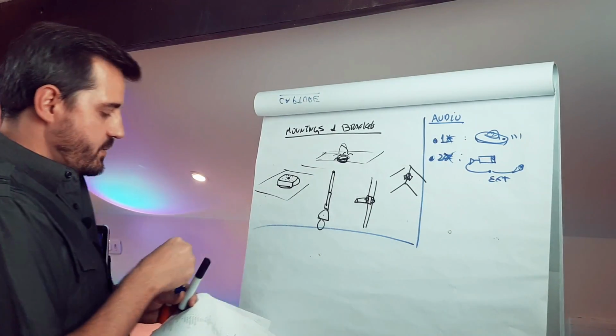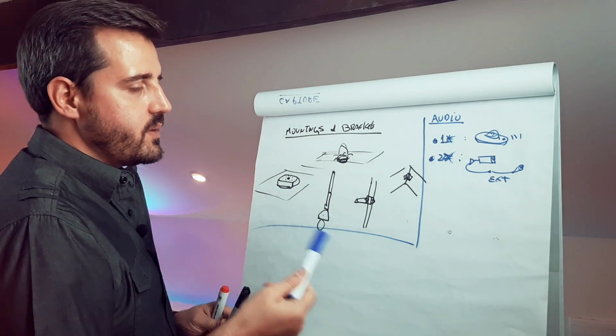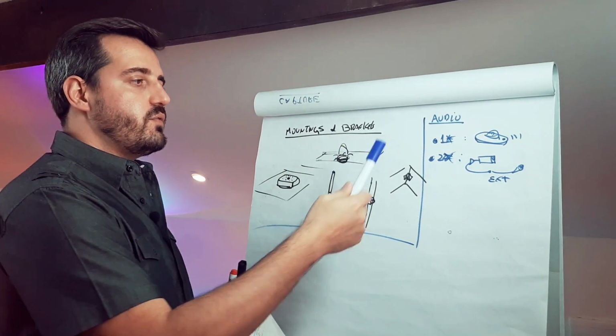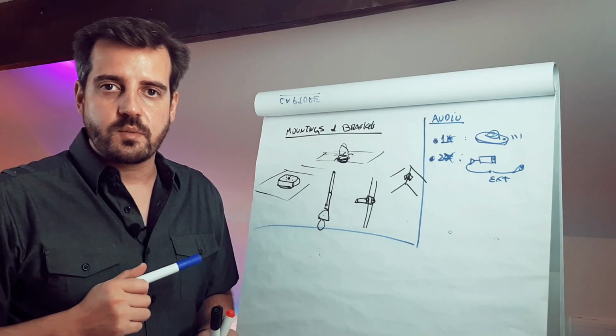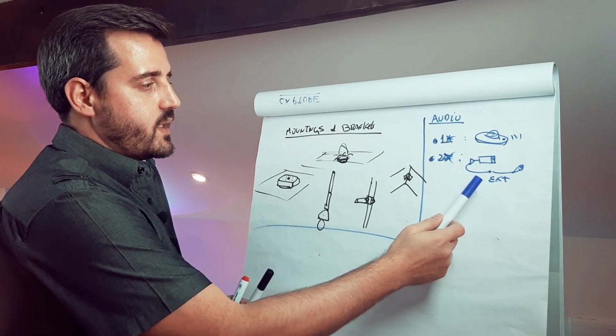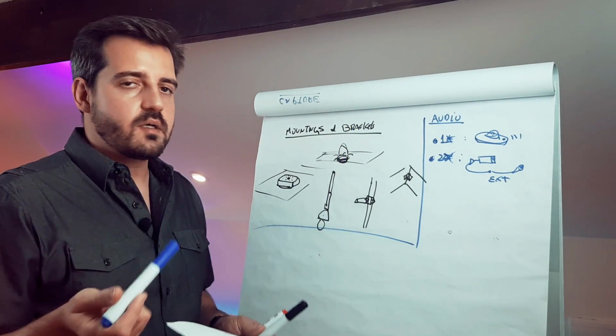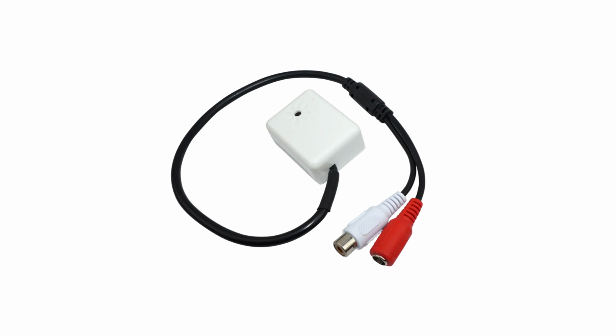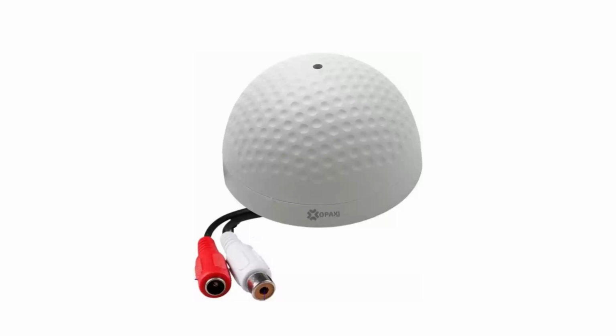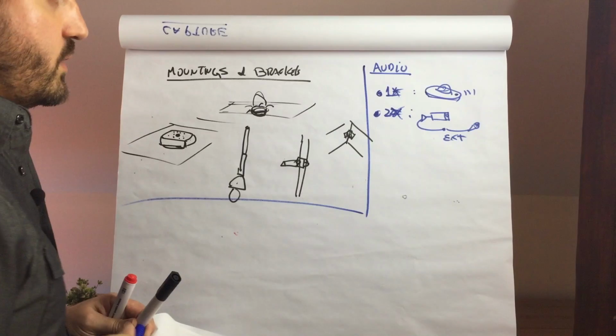So we have a few cameras that have the alarm input and output, but we have the audio input and output as well. And in this type of application, we can add external microphones that you can place anywhere in the scene, and it will record and will stream with the video stream of this camera. So that's very useful as well.